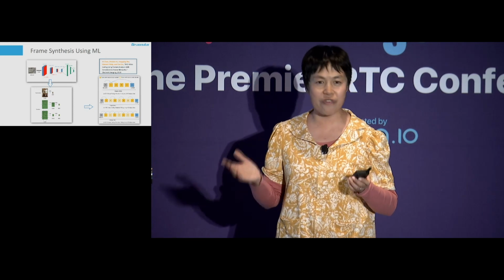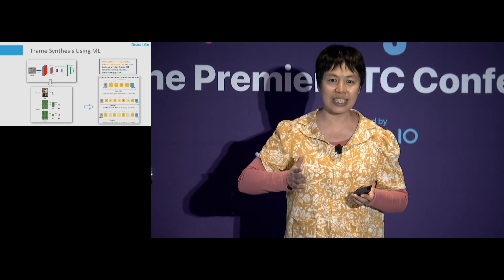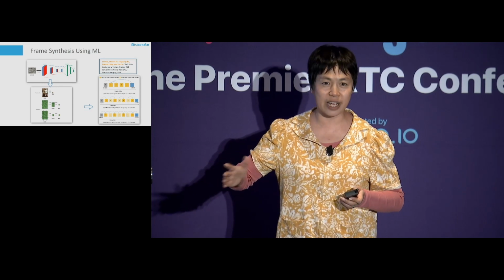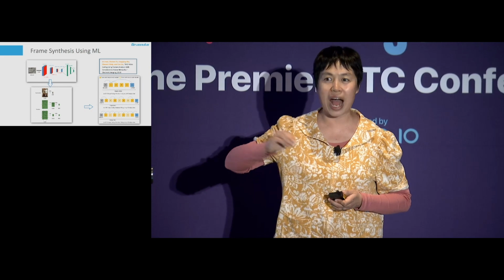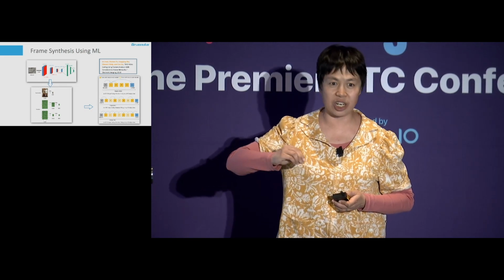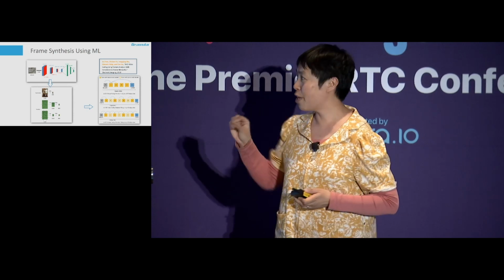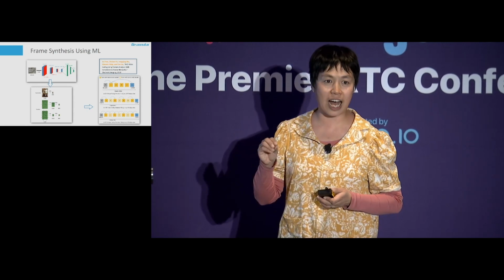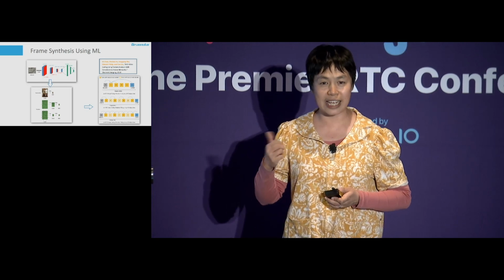You may be able to do a very good job for one frame, but if you do that across all the frames, when you have video playback, sometimes you see the grass area oscillate across frames. That's very distracting. So for this, we mainly focus on using synthesis and analysis on those B frames. That's the first thing.